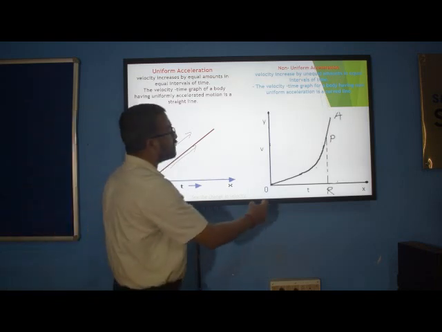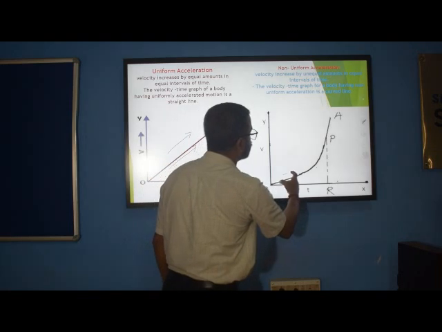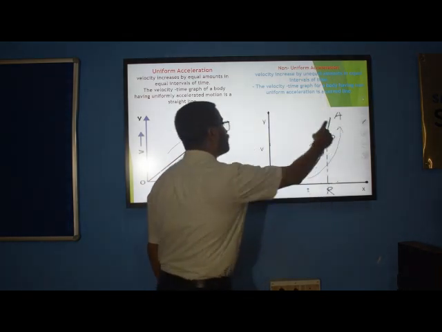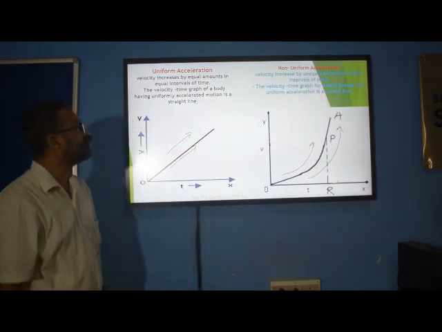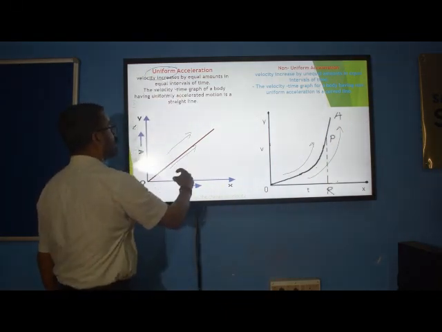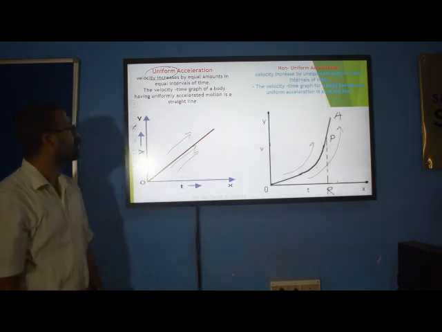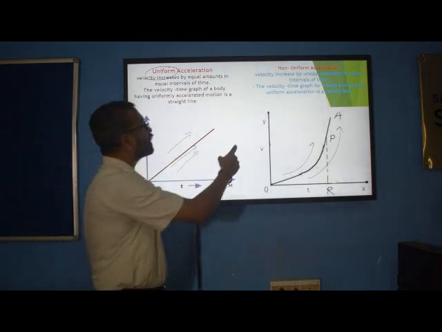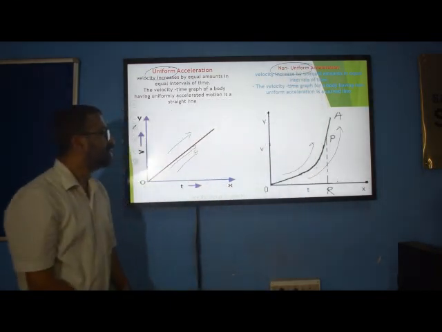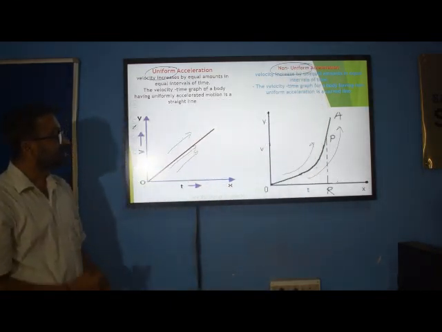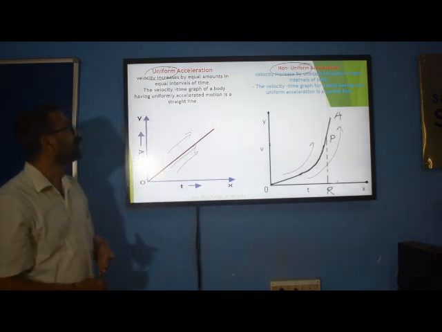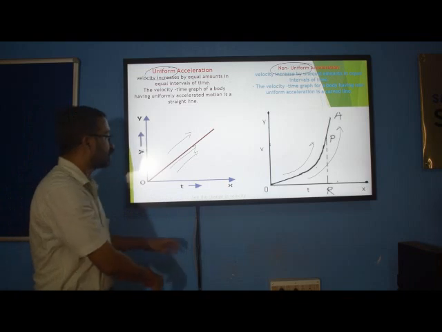Whereas in the second case, the change in velocity is not constant, it goes on increasing. This is the case of non-uniform acceleration. First is uniform acceleration, where there is a constant rate of increase for the velocity. Whereas in non-uniform acceleration, the change in velocity is not uniform. It is increasing sometimes, it is decreasing sometimes. That is an example of non-uniform acceleration.